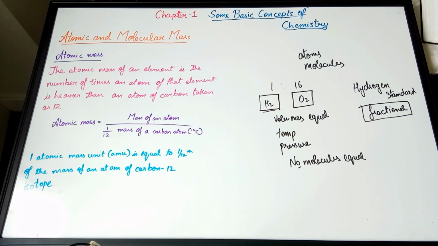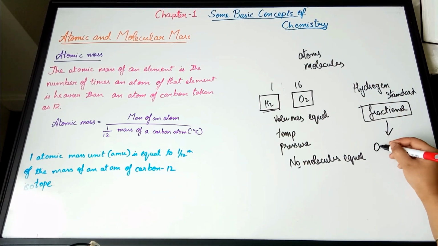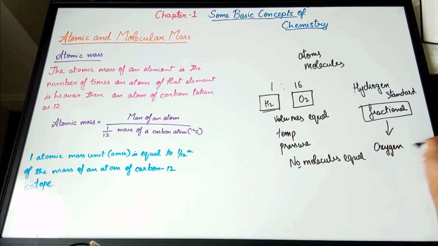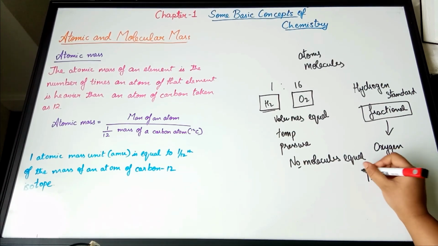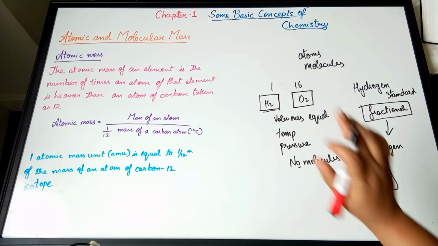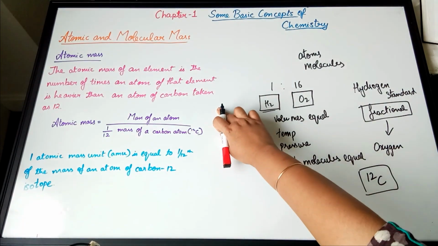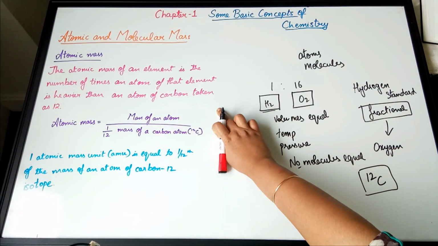And then they decided to move away from the hydrogen standard and changed it to oxygen. But after a few years of pondering about it, they came down to using carbon-12 as the standard for measuring the atomic mass. According to this, the atomic mass of an element is the number of times an atom of that element is heavier than an atom of carbon taken as 12.